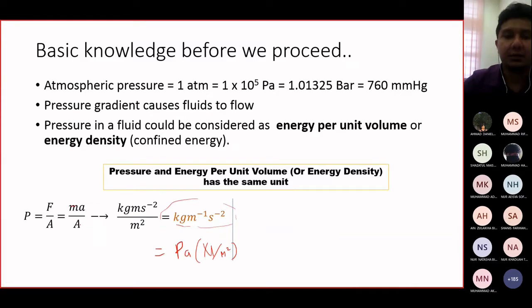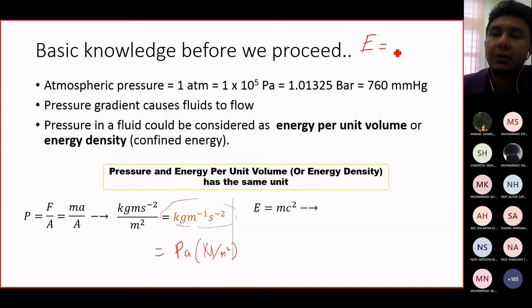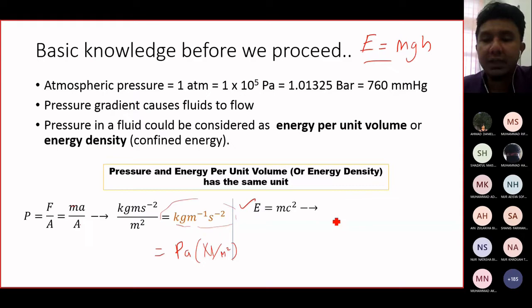Now, energy. Energy is E equals mc square, the famous Einstein formula. Or you can try on your own, E equals mgh, and try to find the unit. You will get the same unit.